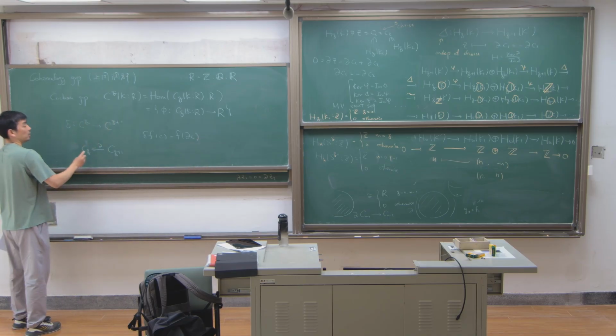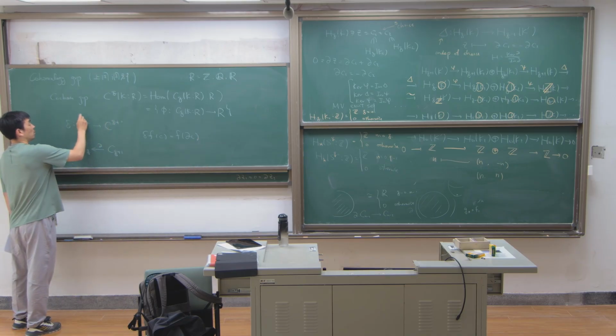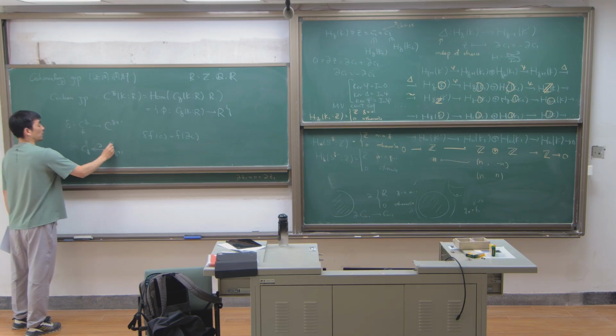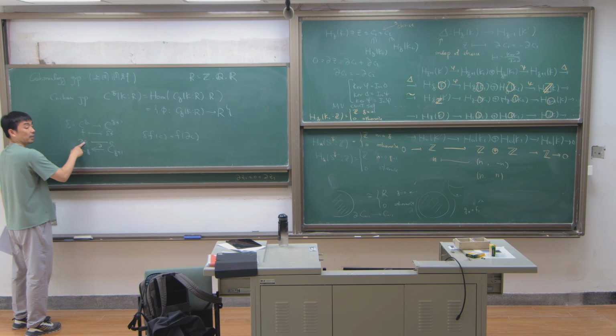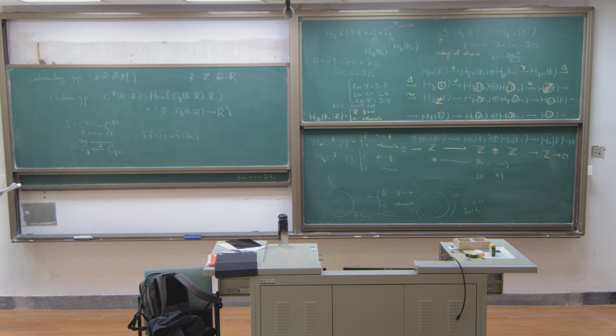So this is an element in f, and then here the c. So del f is paired with c. If this is the case, the boundary of c is paired with f. Is it equal?